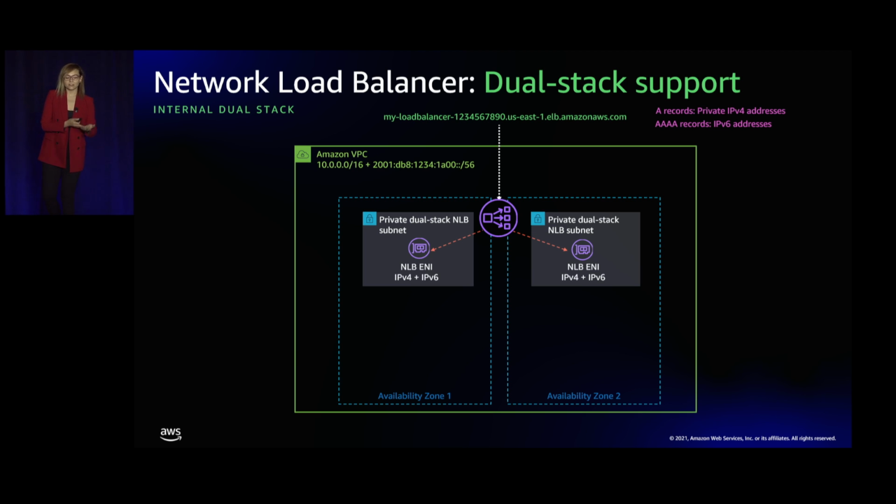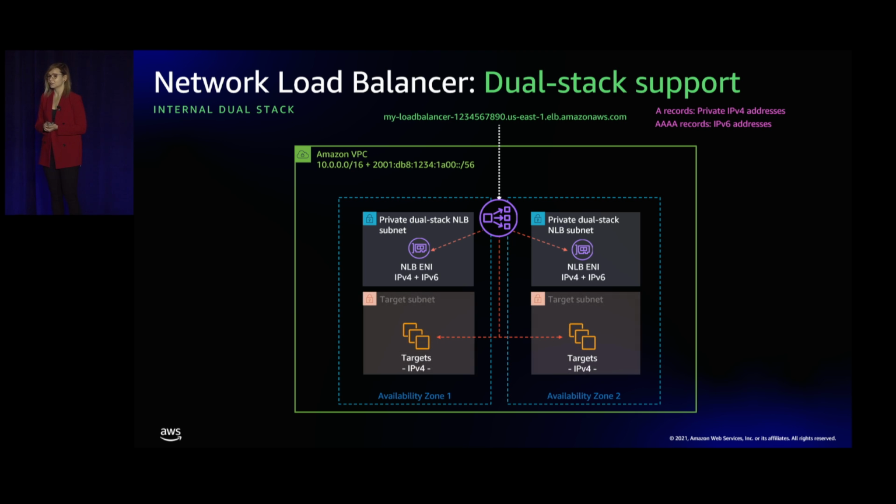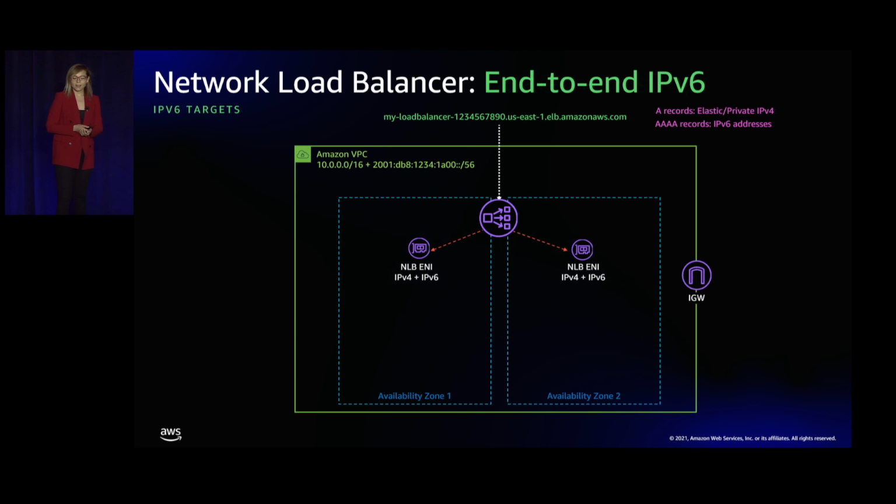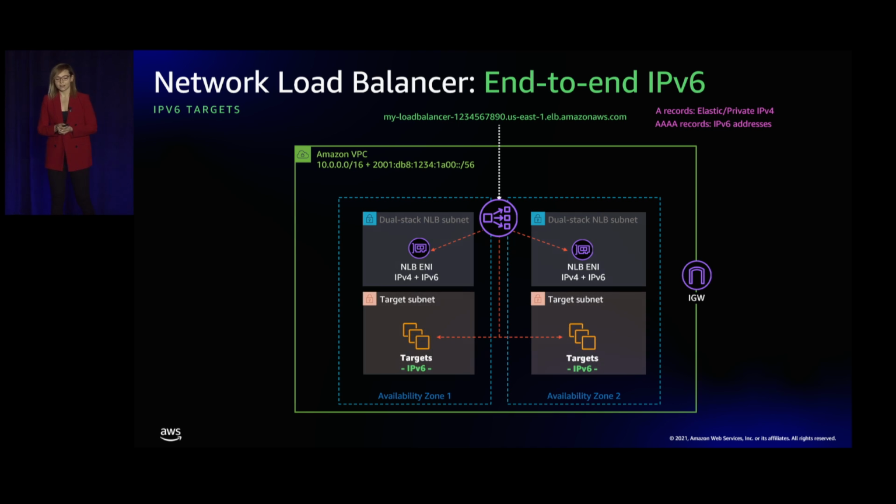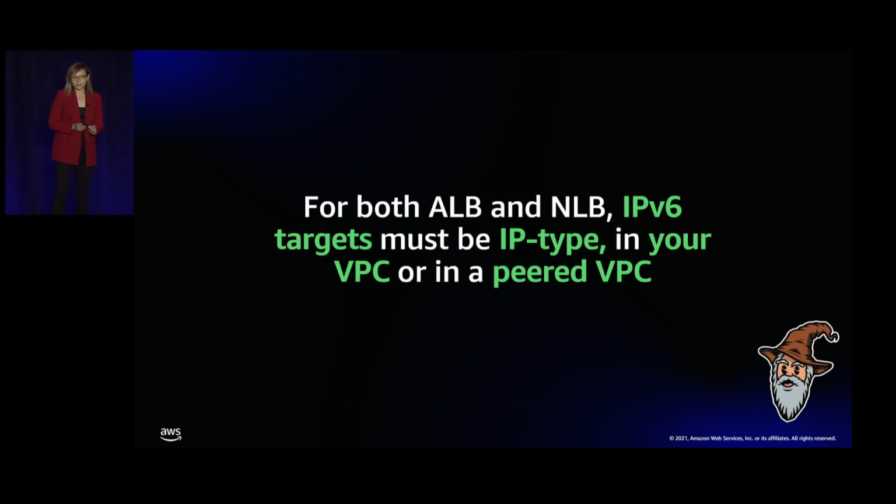Now, we've launched the internal dual-stack support for load balancers. That means that private load balancers are able to be dual-stack, and they can target IPv6-only subnets. Quick note here, for both ALB and NLB, IPv6 targets need to be IP type, and they need to be in the same VPC or in a peered VPC.